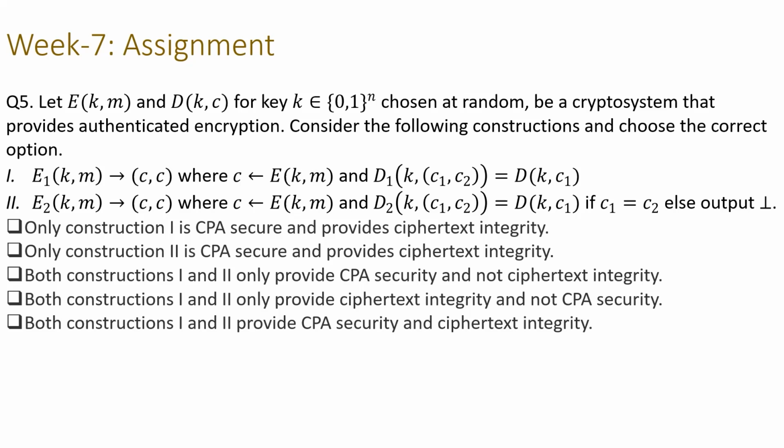Now, if we say that this scheme is not CPA secure, that means the adversary has to make use of the encryption oracle to distinguish between encryption of M0 and M1, right?